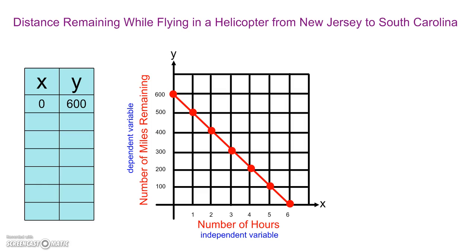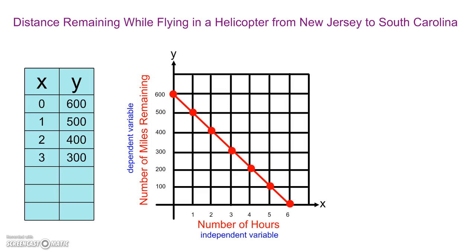Let's keep going. When X is 1, the value for Y is 500. When X is 2, the value for Y is 400. When we have traveled for 3 hours, we have traveled for 300 miles. We're halfway there.